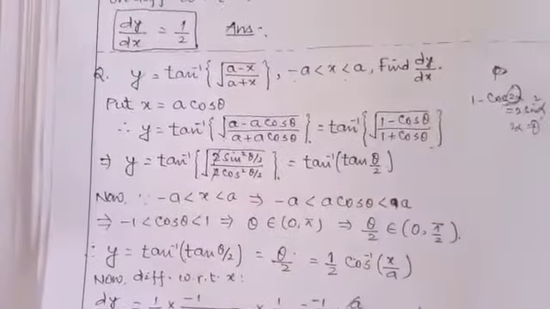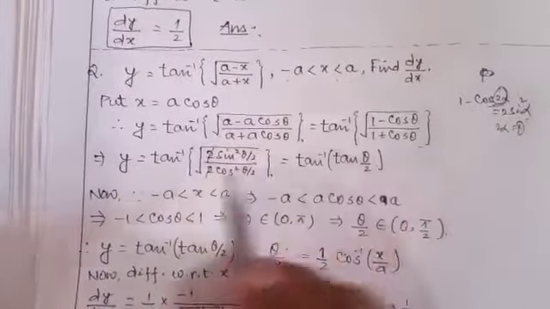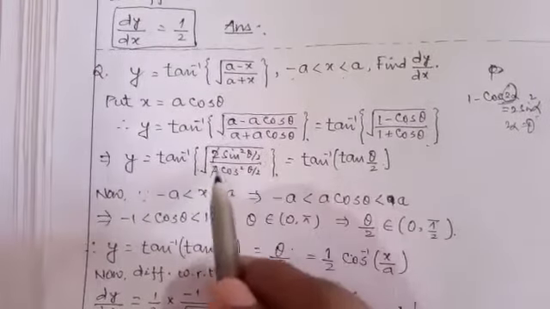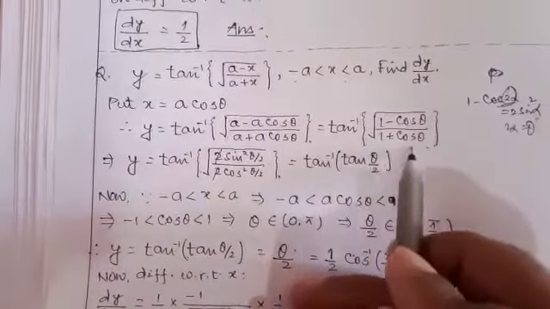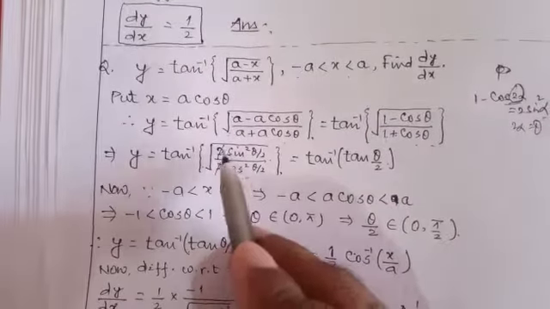So this becomes under root 2 sin square theta by 2. Similarly, in the denominator 1 plus cos theta is 2 cos square theta by 2. Again 2 and 2 should cancel here.